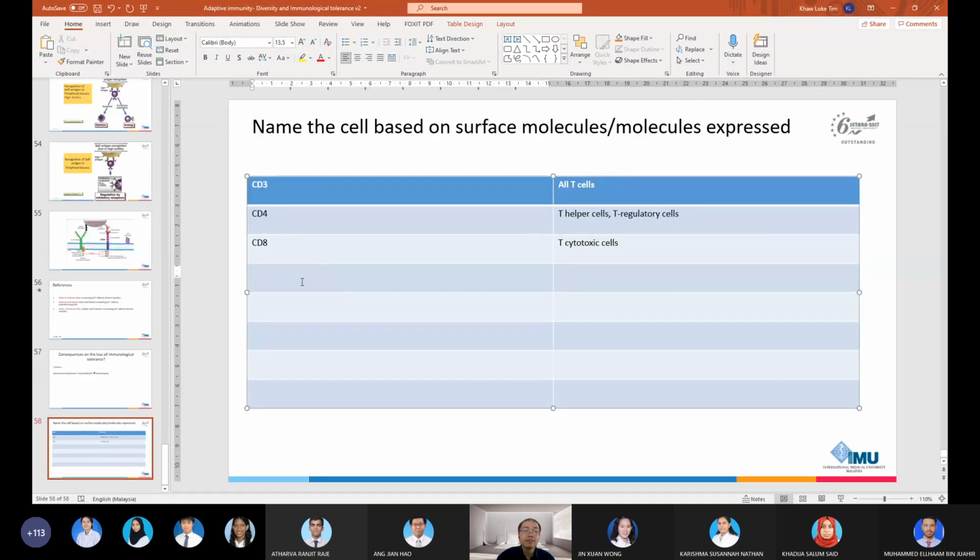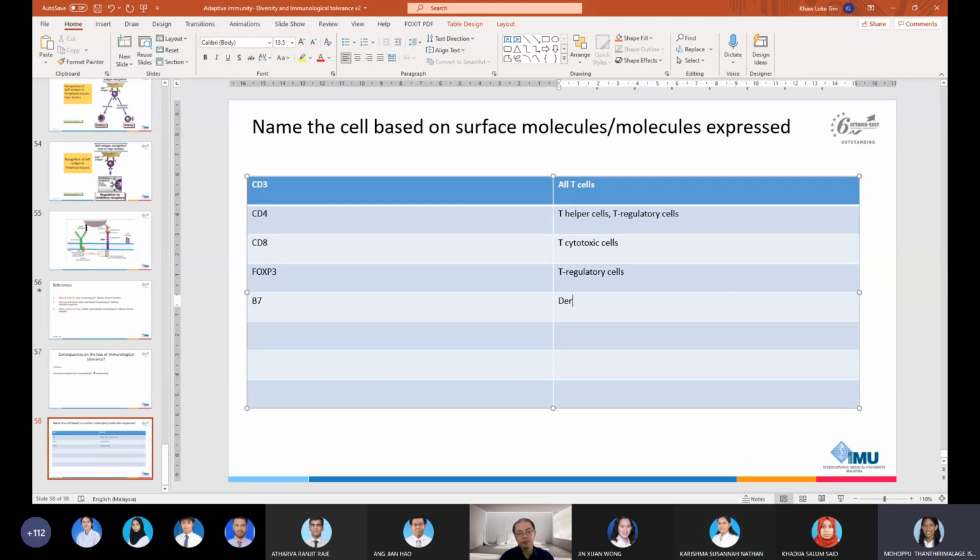So how do you differentiate these two? T regulatory cells have the FOXP3. Yep. So one way, remember this. Okay. The dendritic cells or the macrophages. Okay, good.